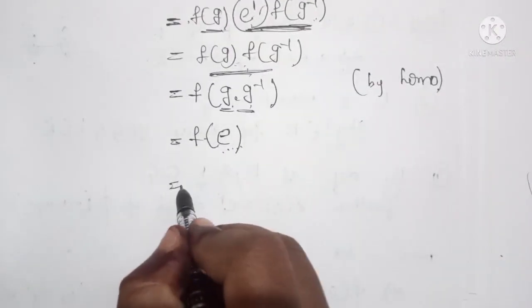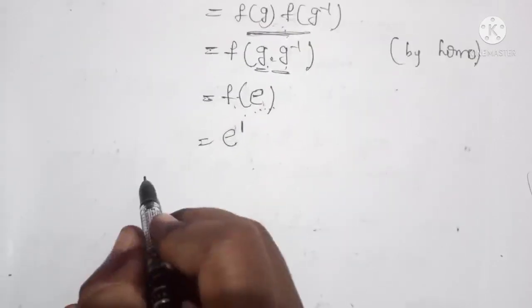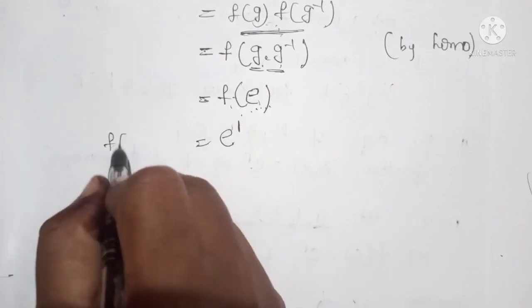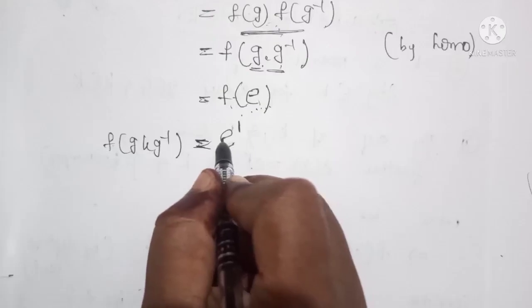But we know that the image of E is always E dash, therefore f of GKG inverse is equal to E dash.